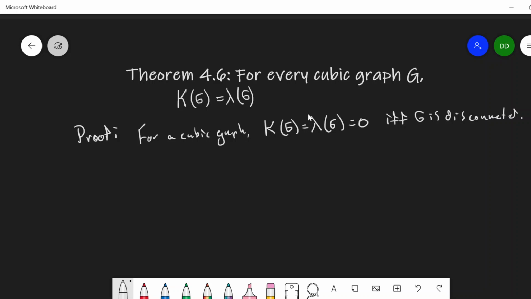Another fringe case we can deal with here is if the vertex connectivity is 3. If the vertex connectivity is equal to 3, then since a cubic graph, remember, is 3-regular, in particular the minimum degree of G is equal to 3.